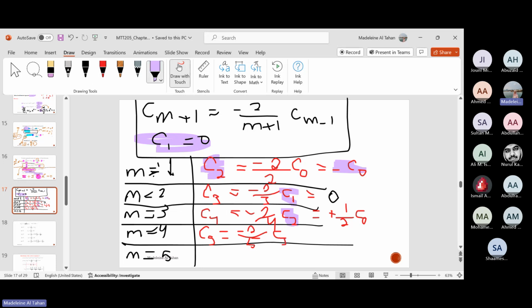And what's c3? 0. So we will get the answer of this one as 0. Now, c6 here is equal to negative 2 over 6 c4. And what's c4, miss? Half c0.